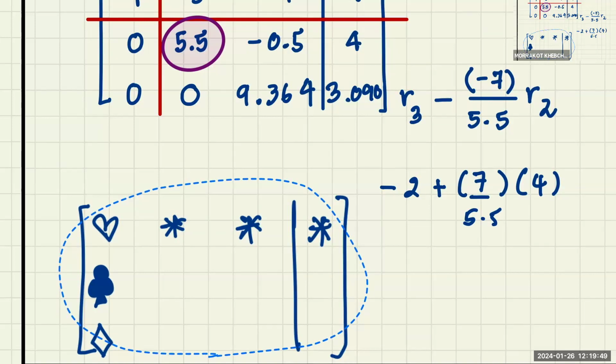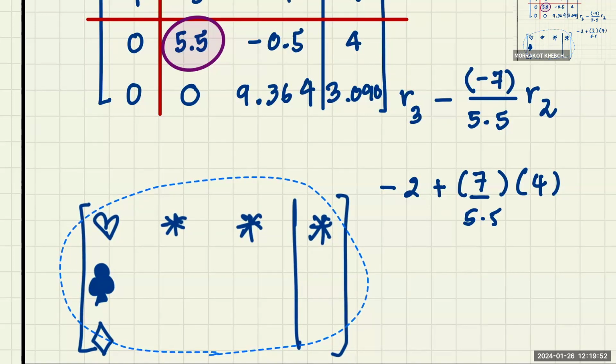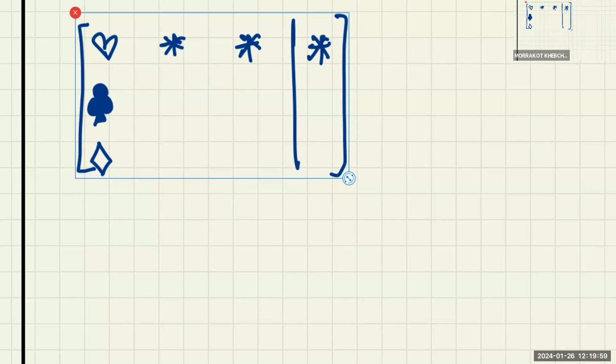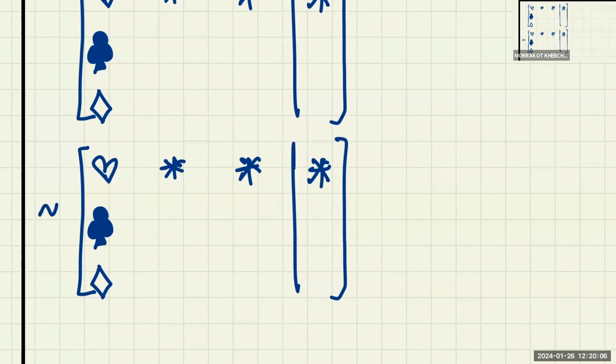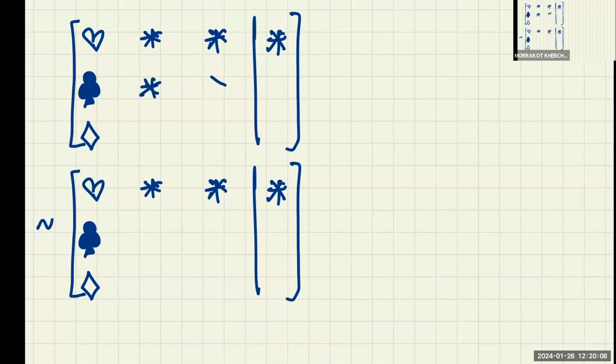Whatever number it is, you want this equivalent. This is just some number. So you want to get rid of this and this. How can you do it?